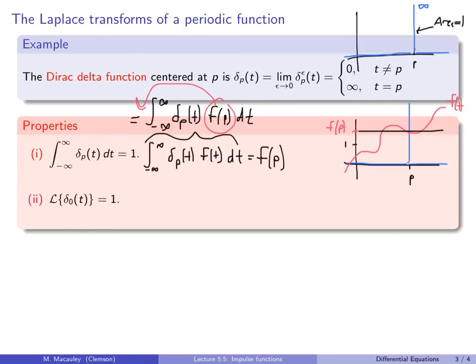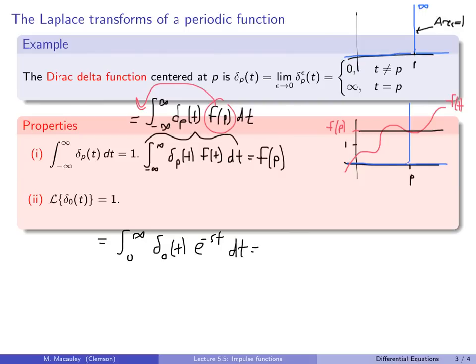Okay, so another consequence of that is that the Laplace transform is really, really simple. Most Laplace transforms are not easy. You have to do integration by parts or something like that. So let me verify why this is true. The Laplace transform of the delta function, that is just the definition. It's the integral from 0 to infinity of the delta function delta 0 of t times e to the minus st dt.